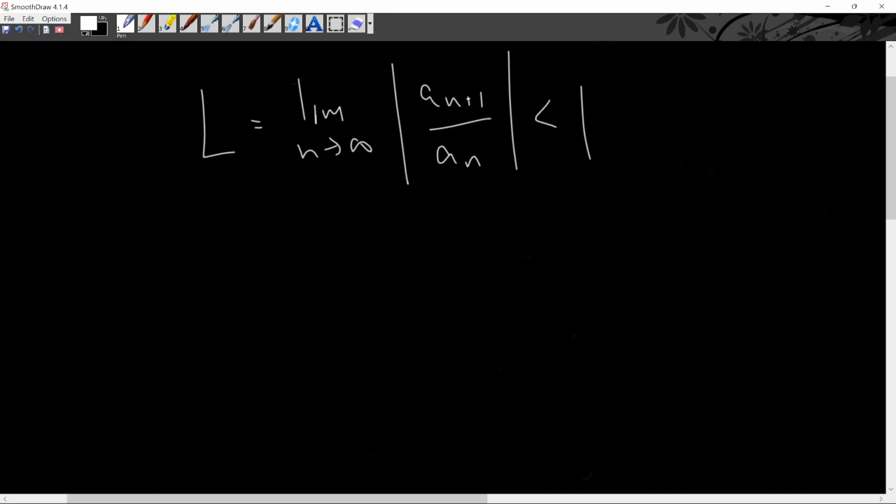And we can also acknowledge that if L is less than 1, because L is not equal to 1, right? If this was less than or equal to, then this wouldn't work exactly. But if L is less than 1, then L is, by definition, some value away from 1, which means that there is another value in between, R, right?